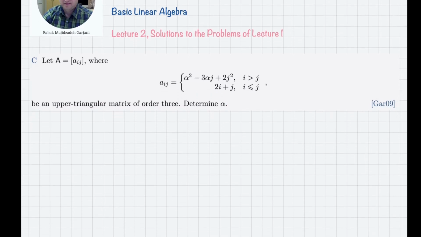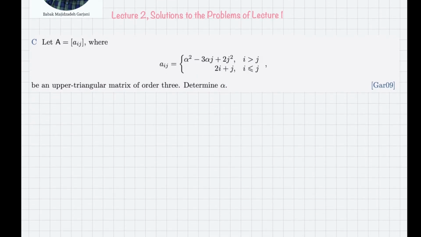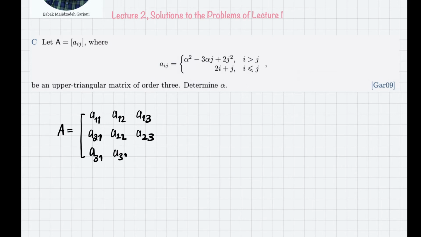Okay, so since this is supposed to be a 3 by 3 matrix, in general a 3 by 3 matrix has this form, yes? So it is A11, A12, A13, A21, A22, A23, and finally A31, A32, and A33.